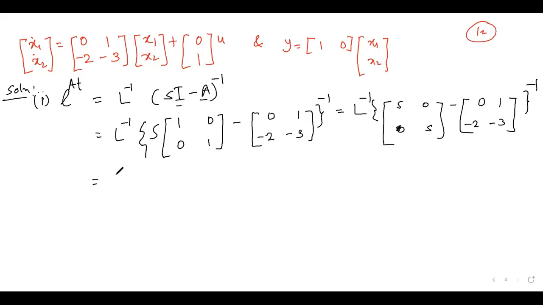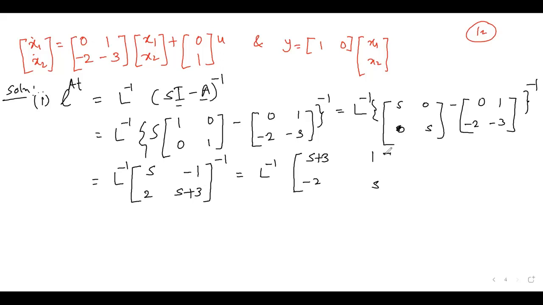That means Laplace inverse of s, minus 1, 2, s plus 3, inverse. So what will be the inverse? The transpose of the adjoint matrix, that is s plus 3, 1, minus 2, s, divided by the determinant. The determinant is s square plus 3s plus 2.